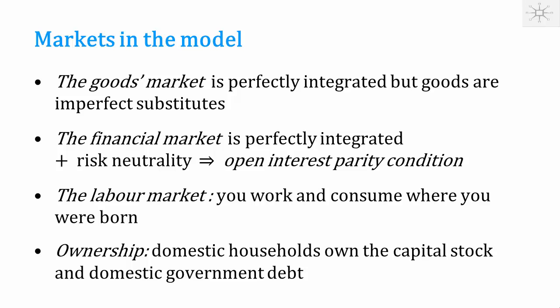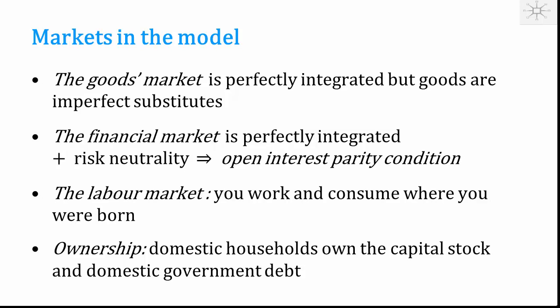So in order to export more, the exporting firms need to reduce their prices. As concerns the financial markets, we assume that they are perfectly integrated, there are no capital controls, and we also assume that investors are risk neutral, and this will lead to the so-called open interest parity condition.